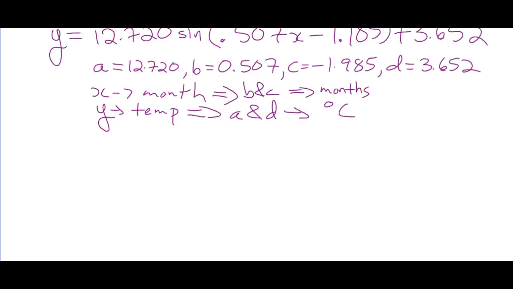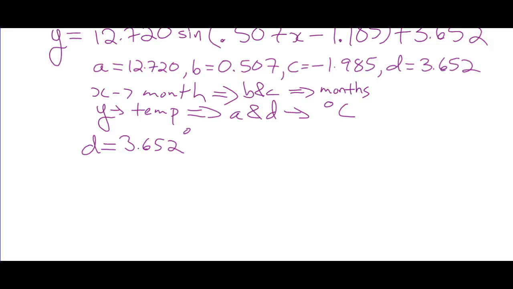Okay, so D is 3.652 degrees, right? Because it's a y-axis number. So what is this 3.652 degrees? What does that mean in the context of the problem? Average temperature.